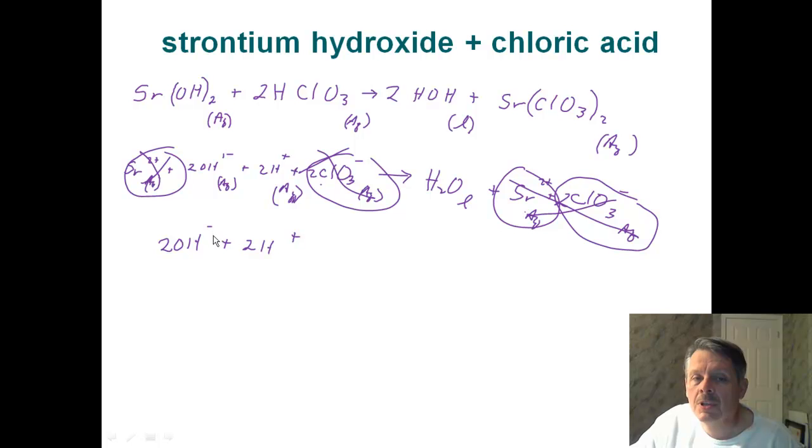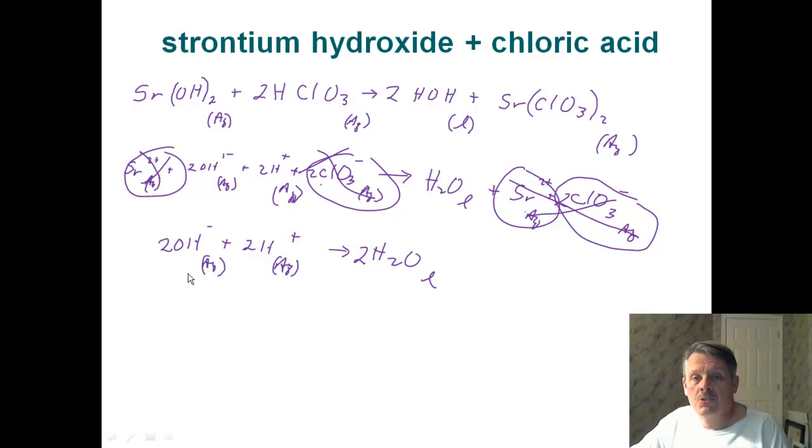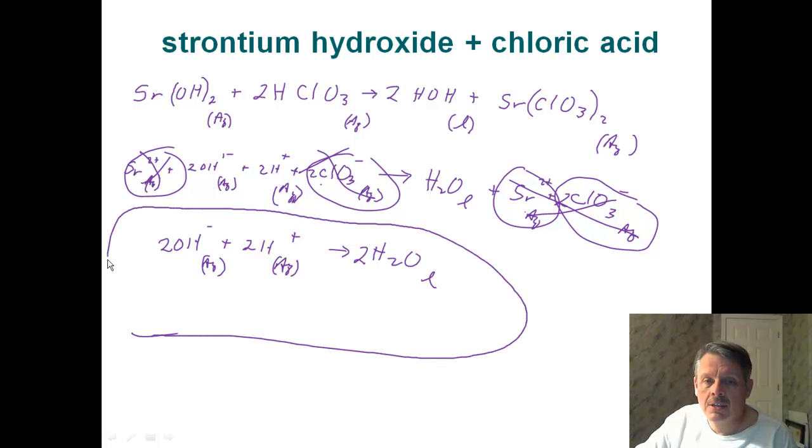What do you think is going on there? And it's making water. And let's see, that's 2 waters. And that's a liquid. And that is an aqueous. And that is an aqueous. So, that should do for strontium hydroxide and chloric acid. This is my net ionic down here.